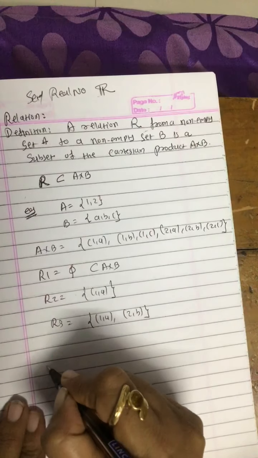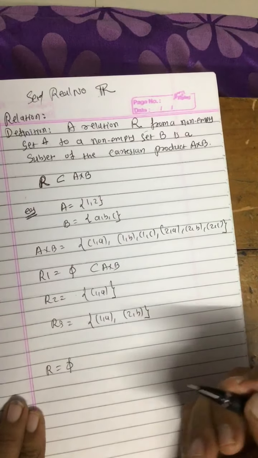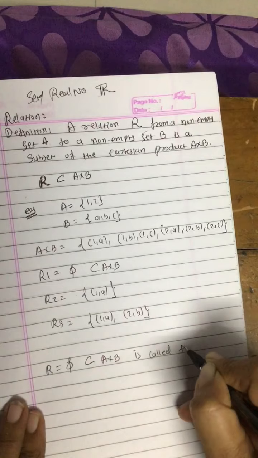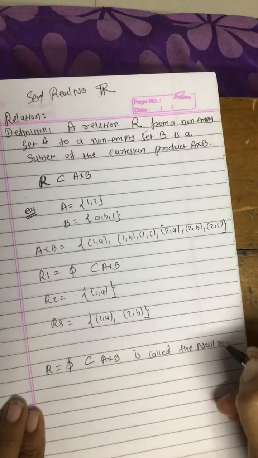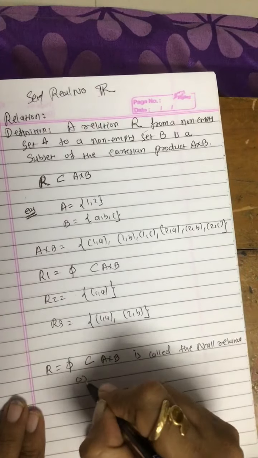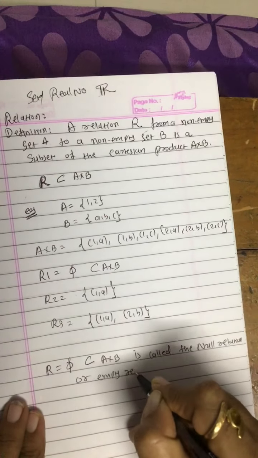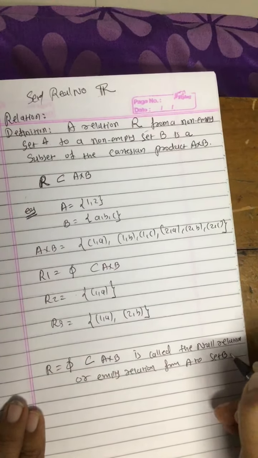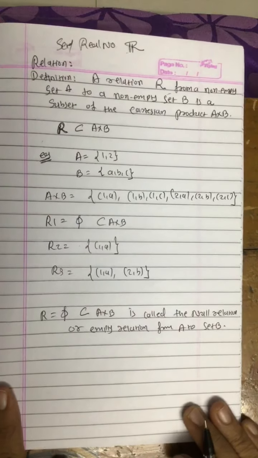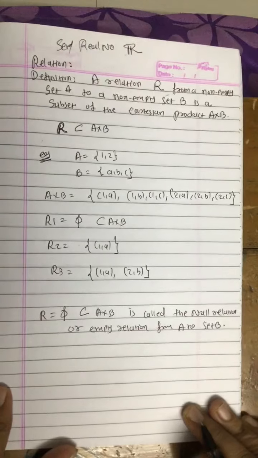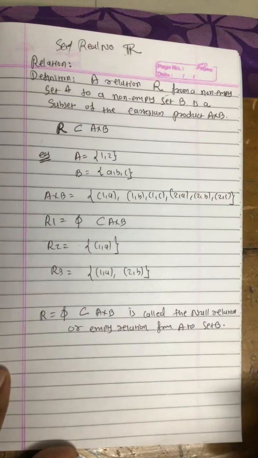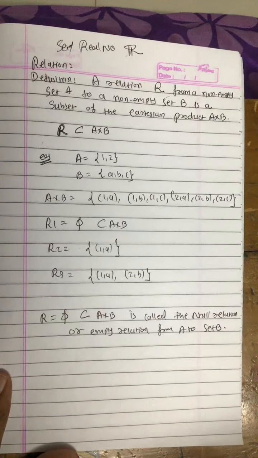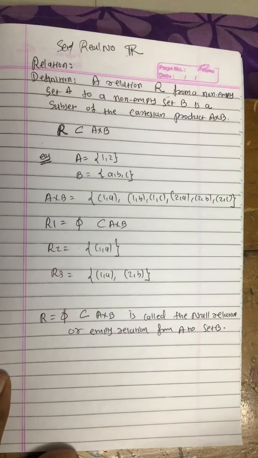So the relation R is equal to phi, a subset of A cross B, which is called the null relation or empty relation from set A to set B. Normally we can define it like this also: no element of A is associated with any element of B, then that relation is said to be an empty relation.